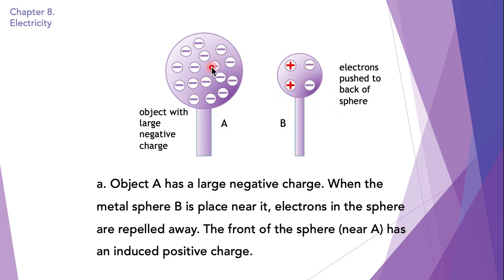But object A is negatively charged, with a large negative charge, as we can see. When the metal sphere B is placed near object A, electrons in the sphere are repelled away. The front of the sphere, which is near A, has an induced positive charge.